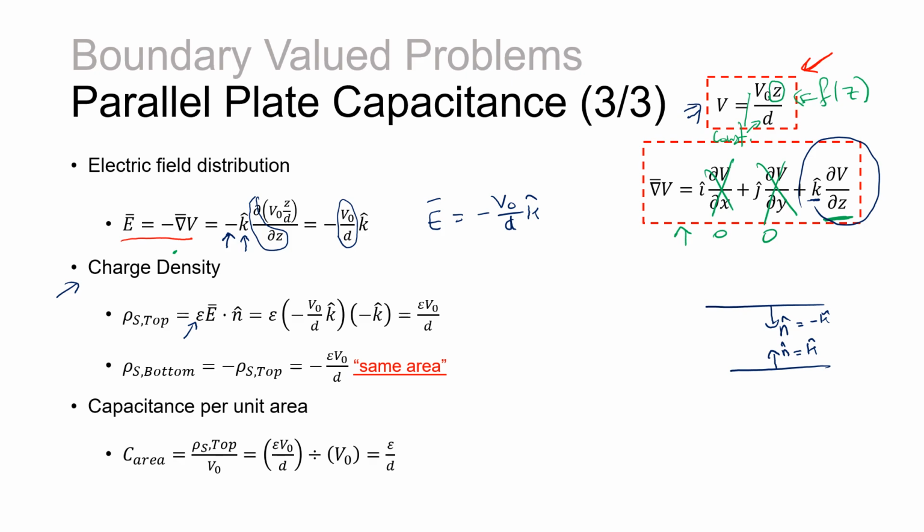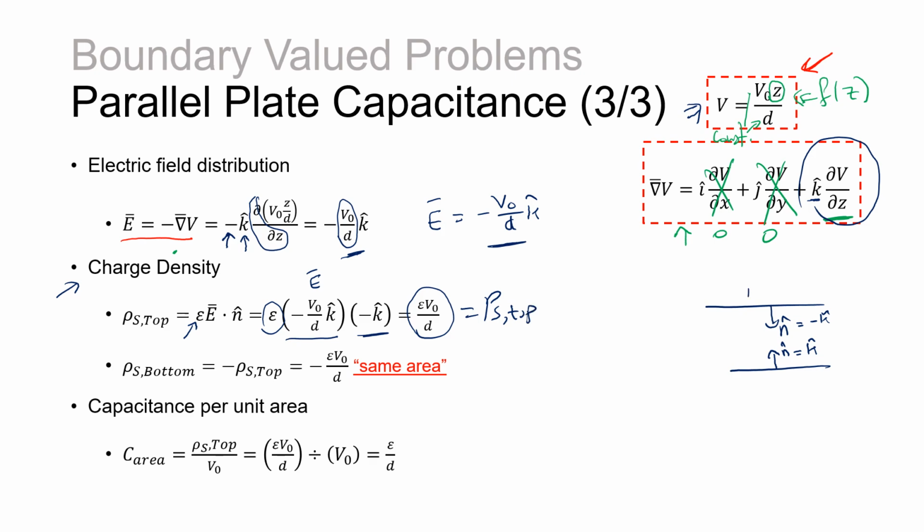Electric field, we already proved, is minus V naught over d in the direction of k. This is just the electric field multiplied by the normal, which is minus k. And finally, don't forget to multiply by epsilon. Then simplify, you can get the value of rho s at the top plate.